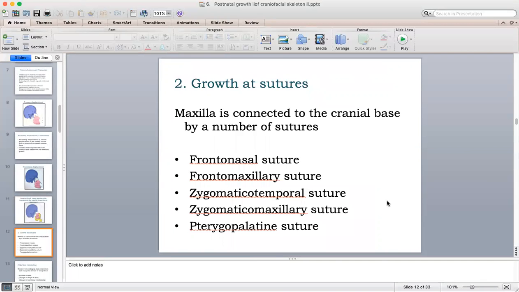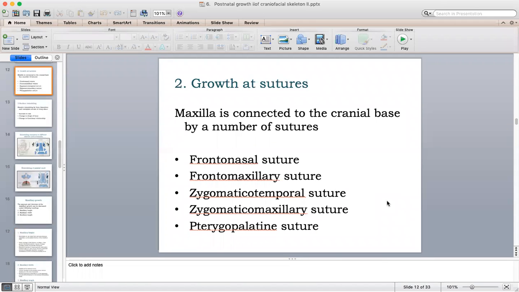So the next is growth at sutures. The maxilla is connected to the cranial base by a number of sutures. Some of the primary sutures which we can name are the frontonasal suture, the frontomaxillary, the zygomaticotemporal, the zygomaticomaxillary, and the pterygopalatine. As the name suggests, the various bones are attached by these sutures.